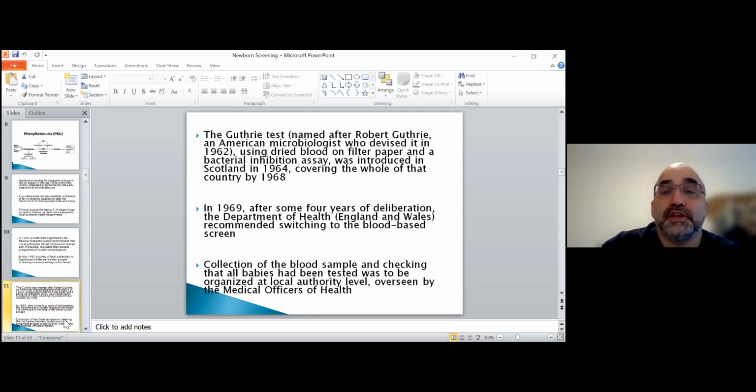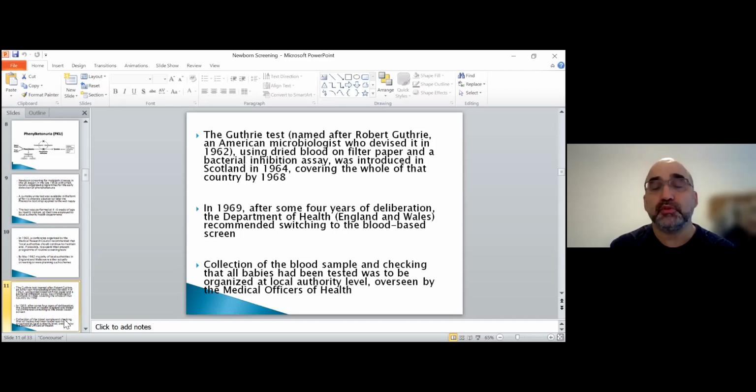After 4 years of discussions and intense debate, the Department of Health in England and Wales recommended switching to blood-based screening from the urine test that they were doing before. The checking of the blood samples and checking that all babies had been tested was to be organized by local authorities and overseen by the medical officers for health.